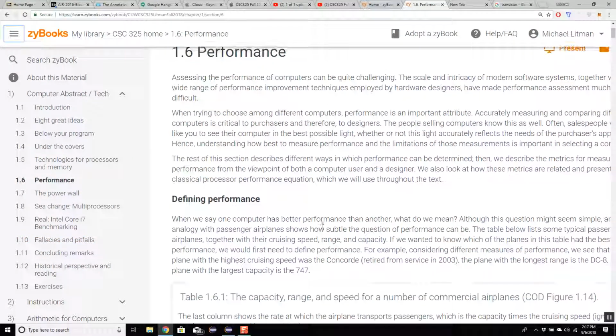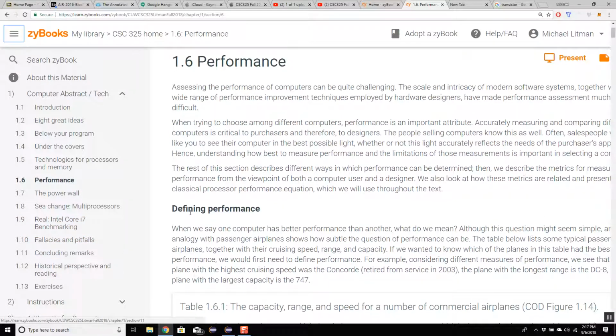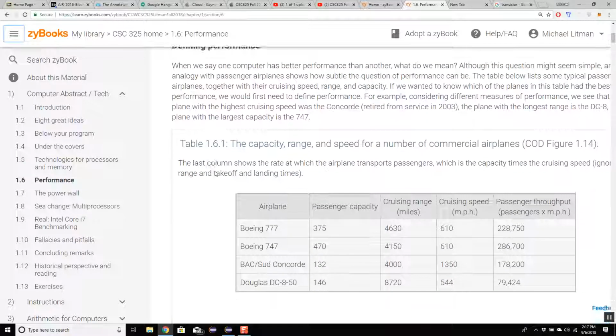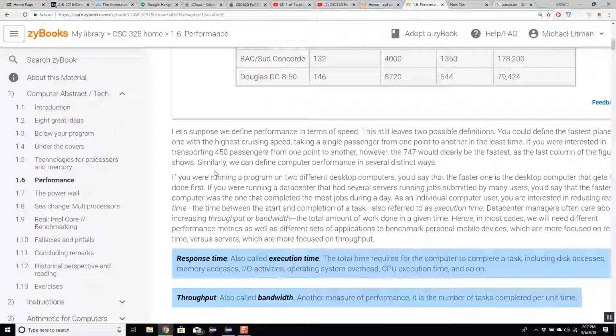1.6 to 1.10. Now, there are exercises at the end of this chapter, and I want to give you some of them for Tuesday, but not too many. Let me just see what they're talking about in here.